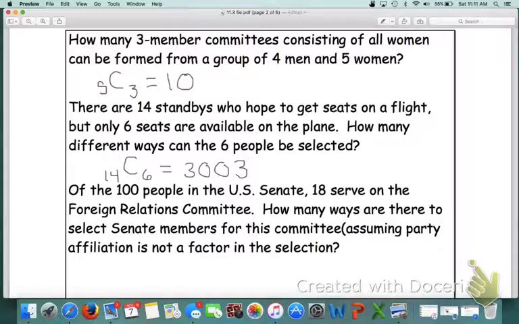Of the 100 people in the U.S. Senate, 18 serve on the Foreign Relations Committee. How many ways are there to select Senate members for this committee, assuming party affiliation is not a factor in the selection? Okay.